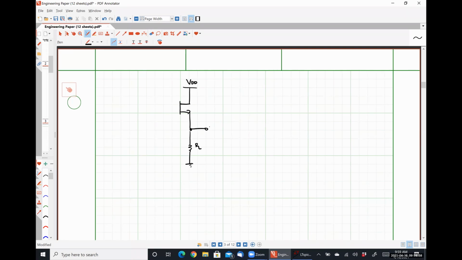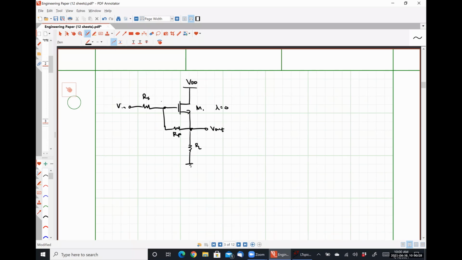So we're going to take our output at our source. This is transistor M1, where we're going to assume our channel length modulation coefficient is 0. Our feedback this time is going to be between our gate and our source. So let's call this guy RF. Our input is applied over here.